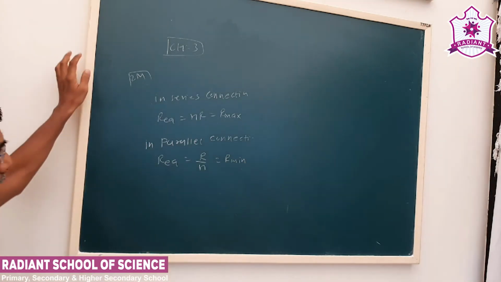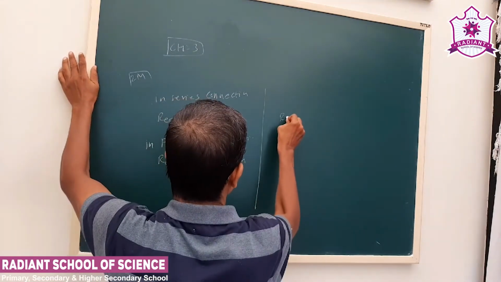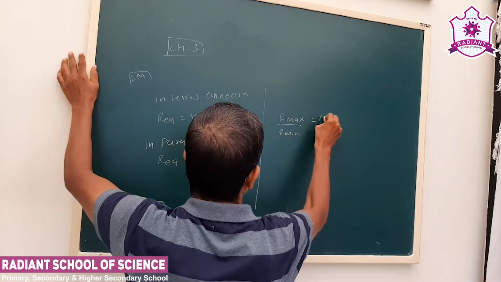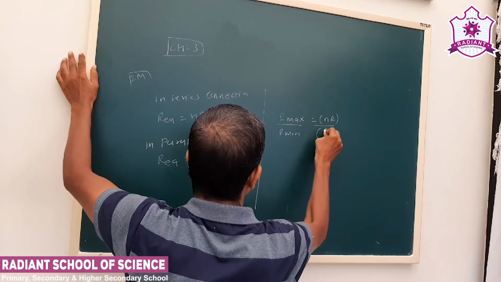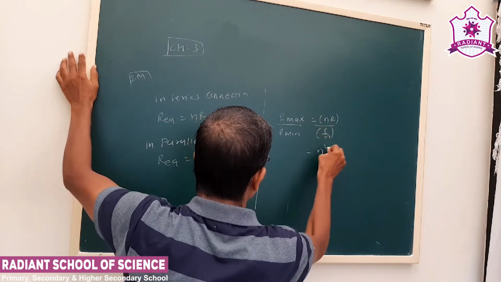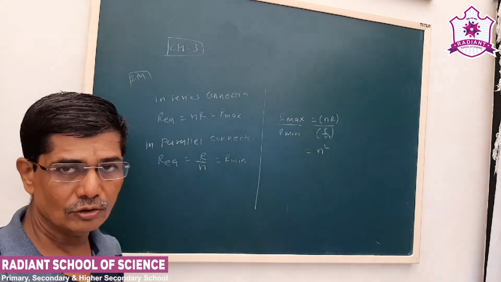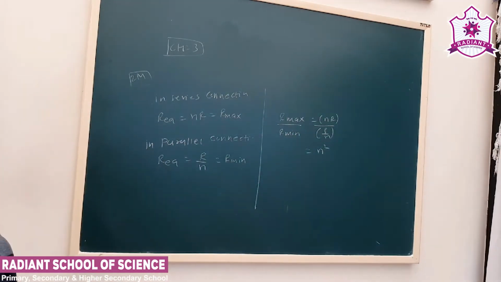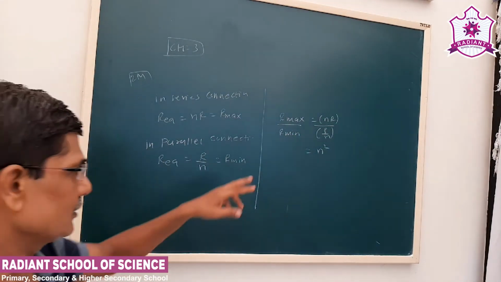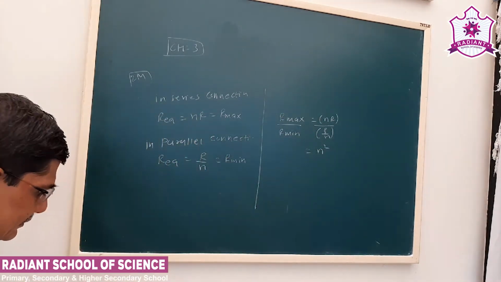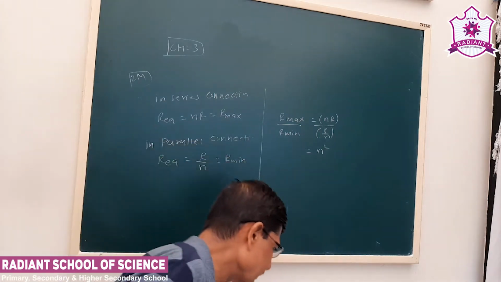Sometimes it can be useful. See, the ratio of R max to R min is n square. Okay, that is a useful relation. So in the ratio of the equivalent resistance in series and parallel connection, nR upon R by n will get you the n square value. This is also a useful relation.